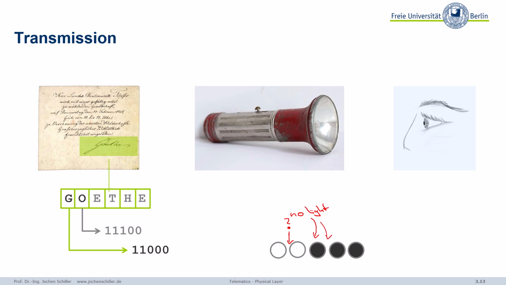And how to encode the gap between the no light zeros, if the gap is also no light? So we also have to talk about the duration of these symbols. There's light on, light off, no light, and whatever is in between. This is a very simple example, and we can code the O this way too.